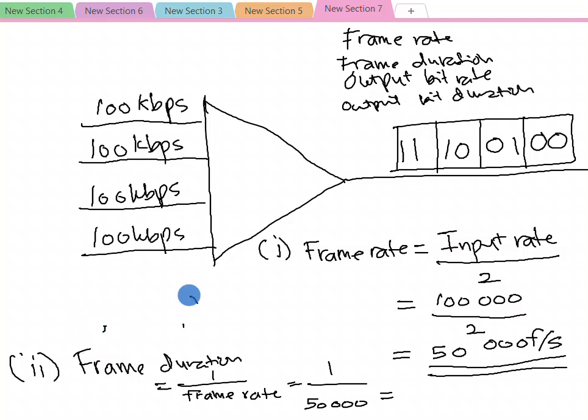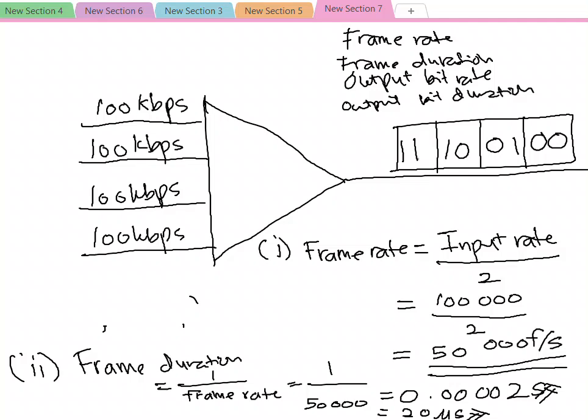So you will get 0.00002 second. Or kalau you confident enough to convert, dia akan jadi 20 micro, okay, ataupun sama dengan 20 microsecond. Tapi kalau you tak confident, just leave your answer in this form. Okay, 0.00002 second.